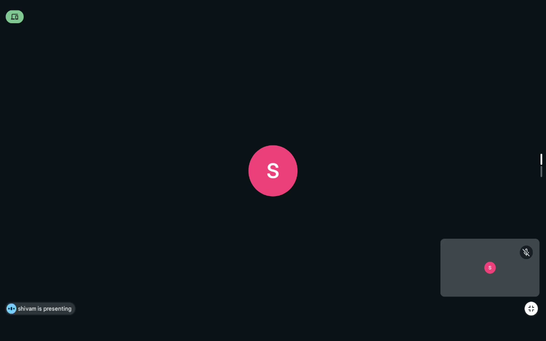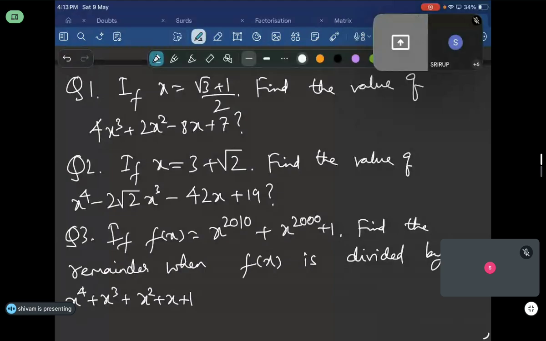If you feel you are having problem with replacing the second degree polynomial, then you can divide it also.